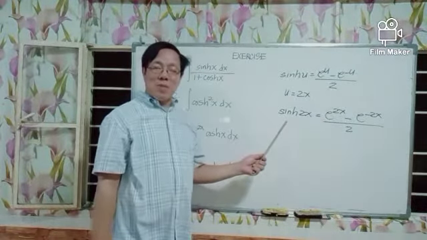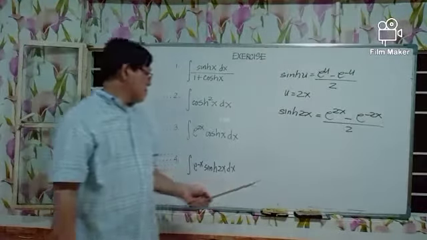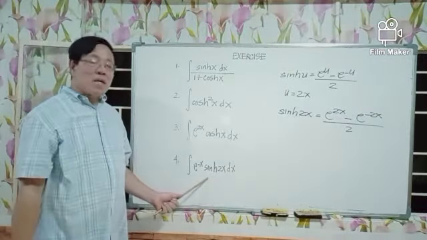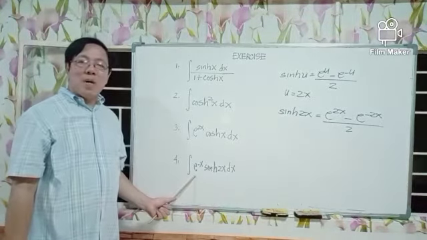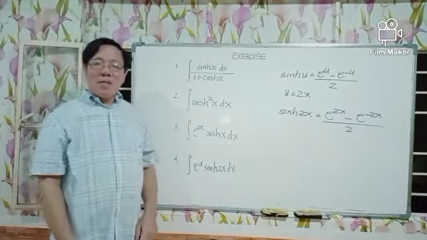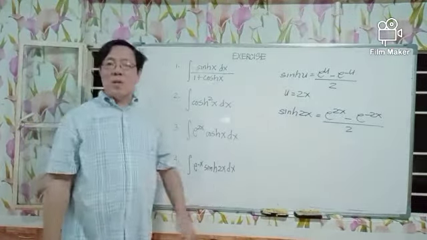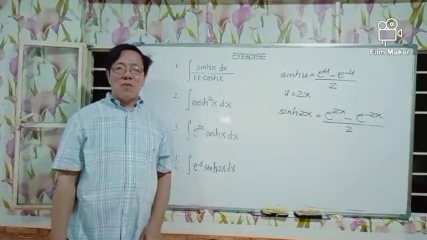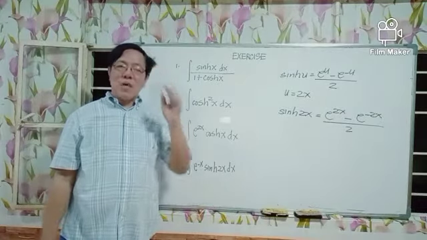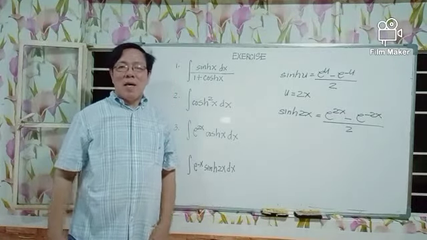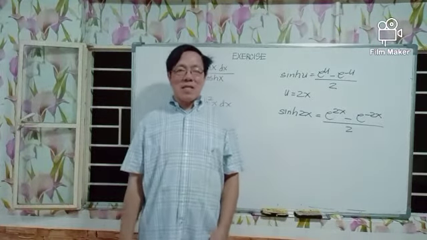So you make use of this value of hyperbolic sine of 2x equals e to the 2x minus e to the minus 2x all over 2, and multiply that by e to the minus x and simplify using properties of exponents. And after simplifying, you will get an expression in terms of exponential function that is readily integrable. And we will have more examples of integration of hyperbolic functions in the next lesson.